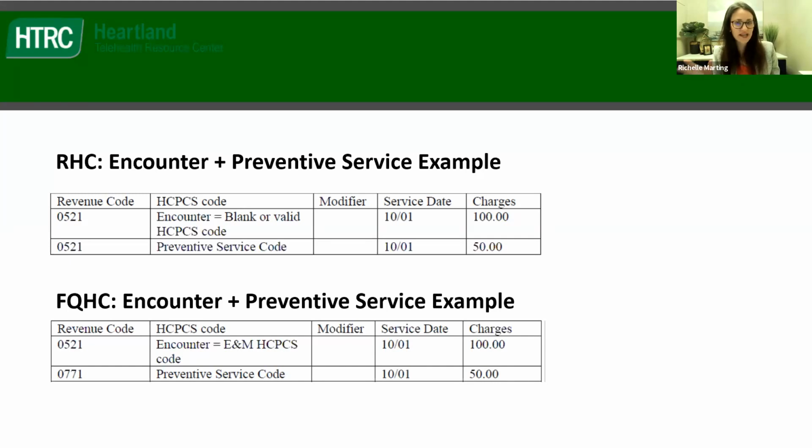I suggest doing that in case it crosses over to a secondary data service, but the charges do not include the charge for the preventive service. So the total charges here are $150. We do the same for FQHCs, except for the preventive code, revenue code, remember, is 0771 for FQHCs, and it's still carved out separately.